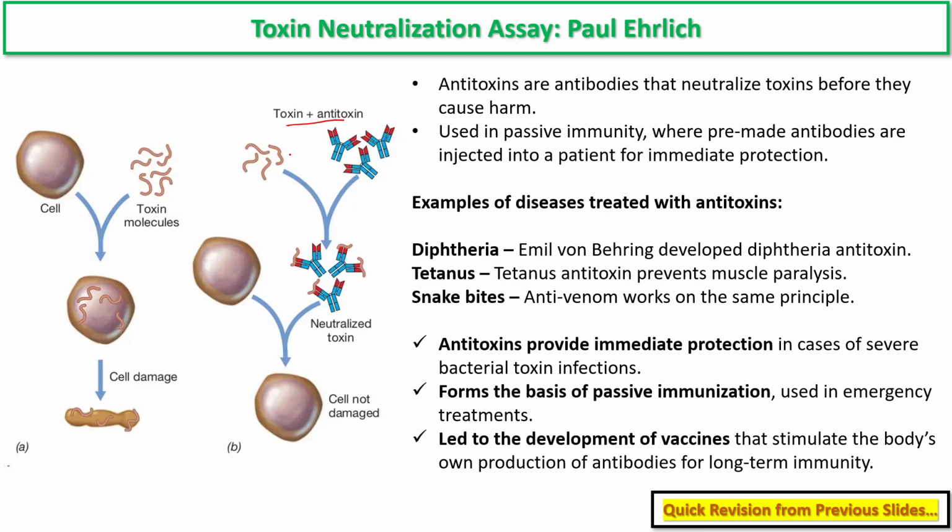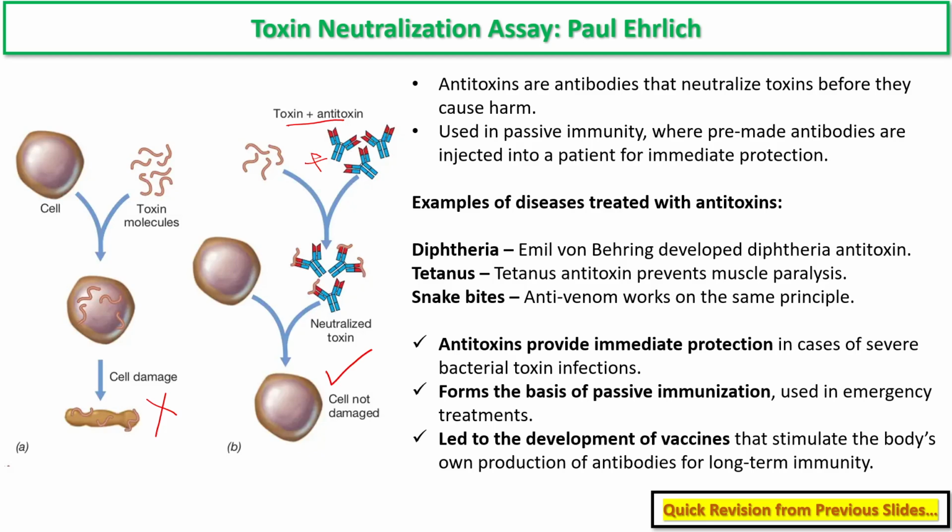With the toxin, if we give an antitoxin, it will cause a neutralization effect and the cell will live. But if only toxin is there, then cell death will occur. From here, he concluded that antitoxins are antibodies that neutralize toxins before they can cause harm. So this was also an experiment from Paul Ehrlich about the toxin neutralization assay.